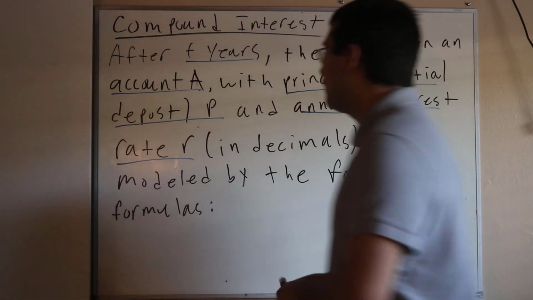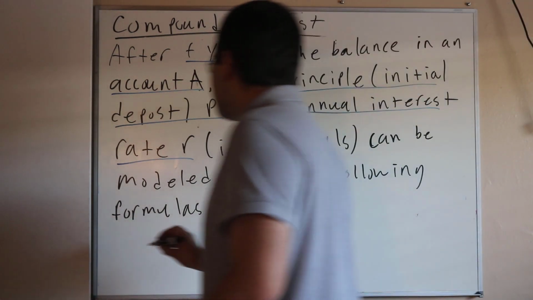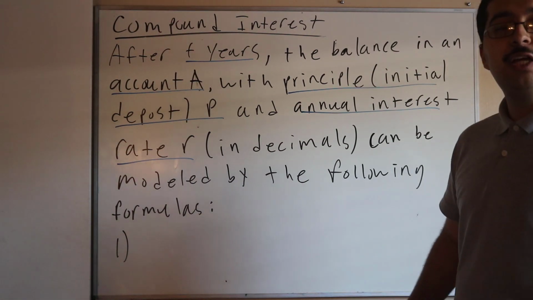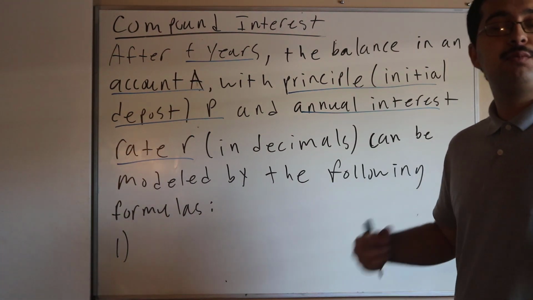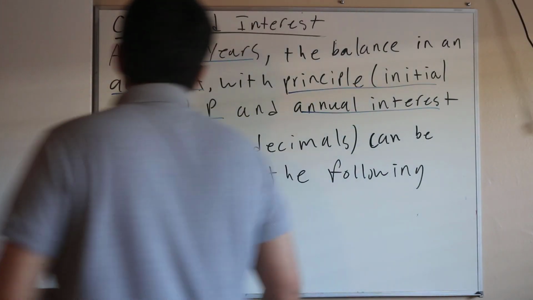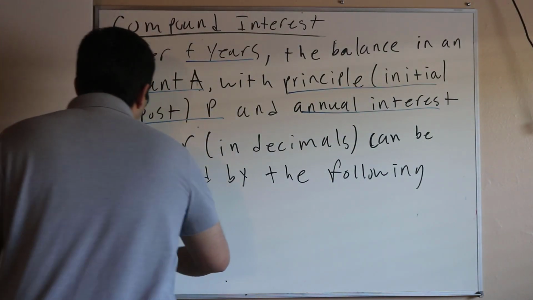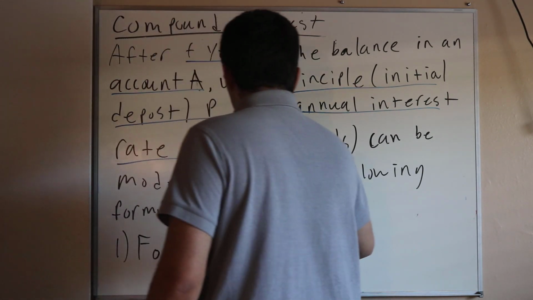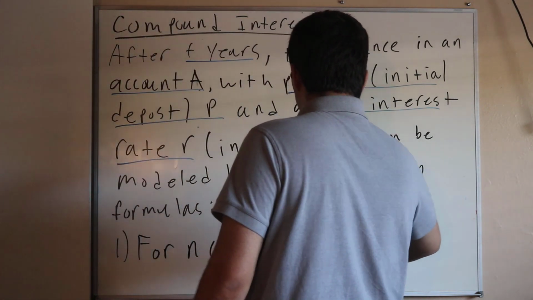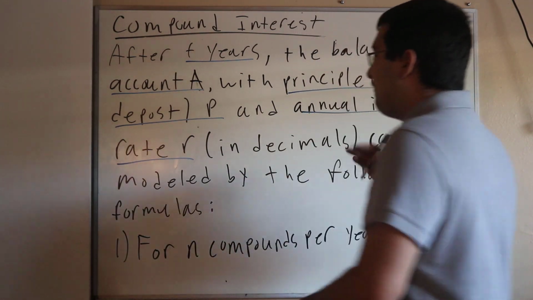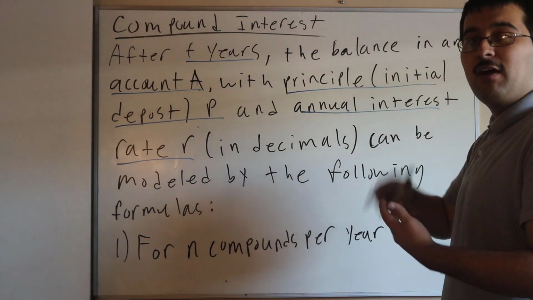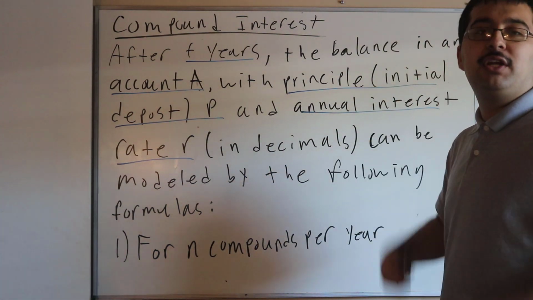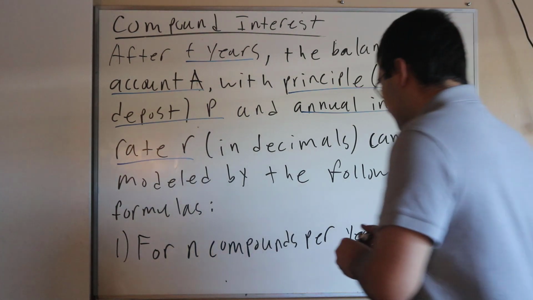The first formula we're going to see is, and again, we're going to present two formulas, each with their own independent scenarios in which you want to use them. We would use this first formula when we have n compounds per year. In other words, we have a fixed number of times in which we accrue or add money to our account based off the interest.